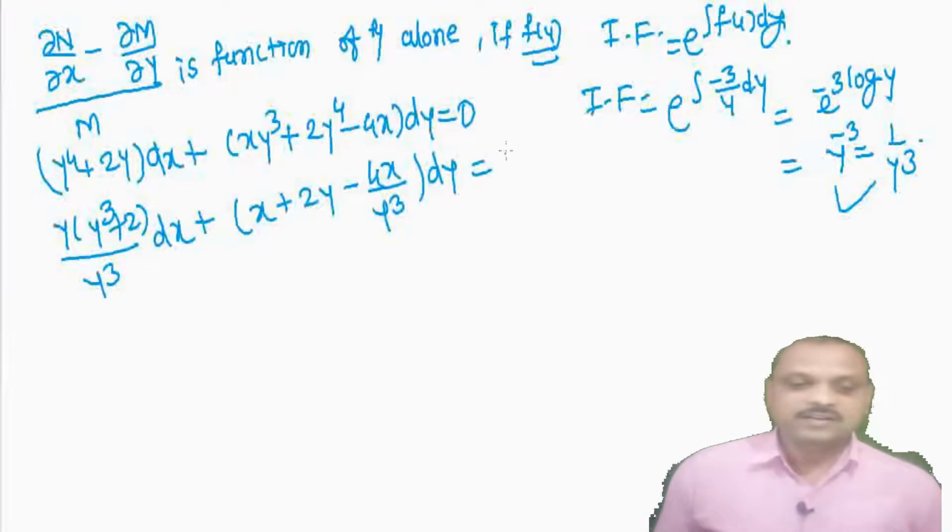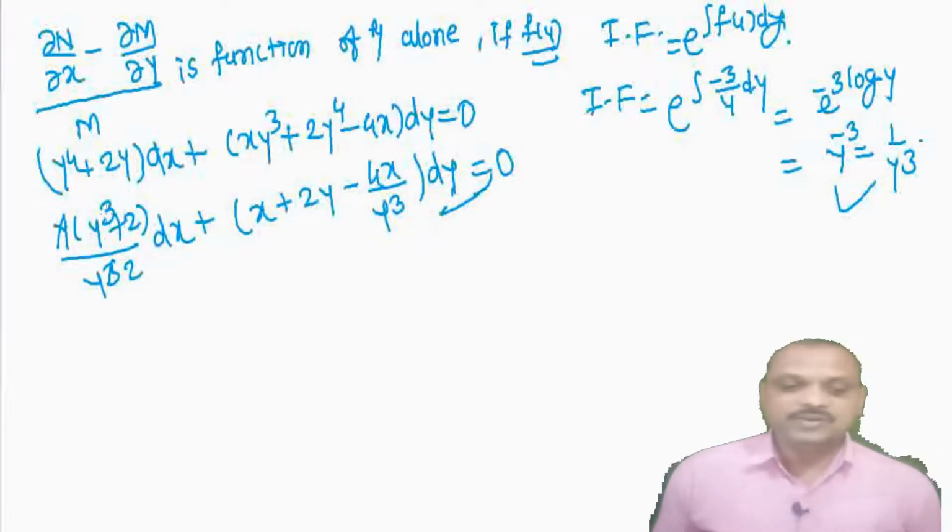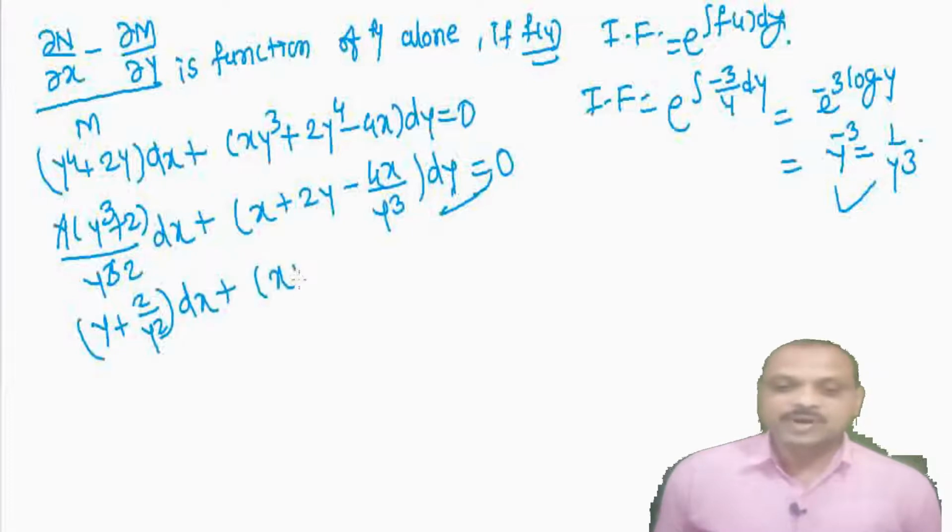Then y and y square cancel, and dividing again we get (y plus 2) divided by y square into dx plus (x plus 2y minus 4x) divided by y cube into dy equal to 0.